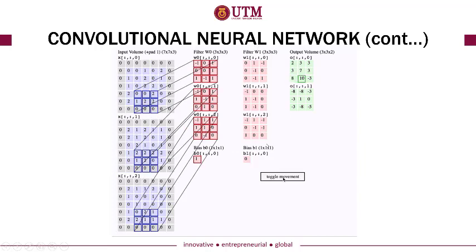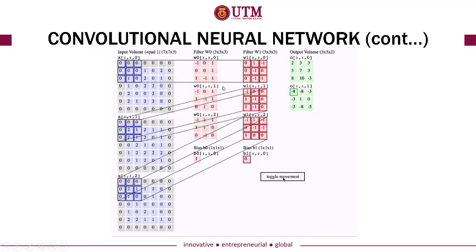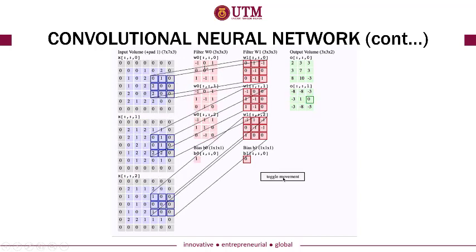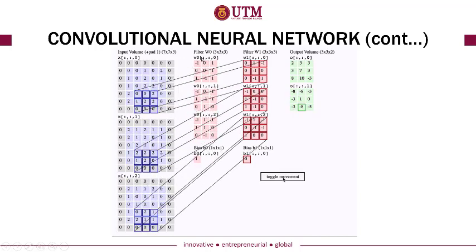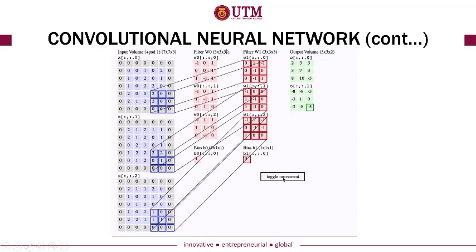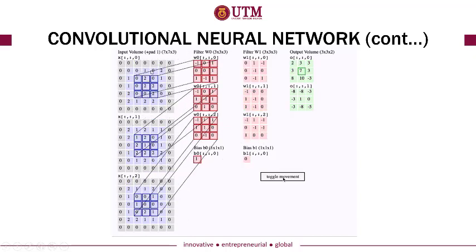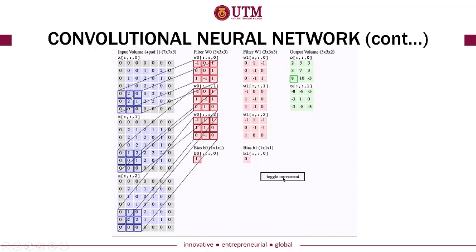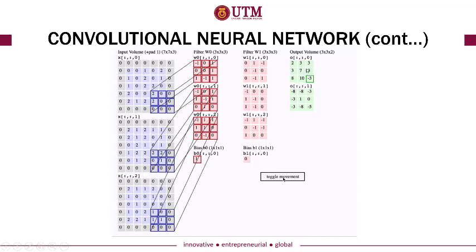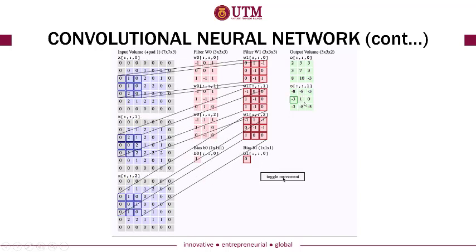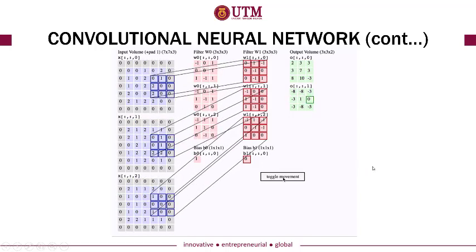This is the second filter. You can see this is your 3 times 3 times 3. In this example, they are using 3 times 3 times 3 because this 3 over here follows the depth size of the input image. So that's how you get this one, and then this one for the second filter.